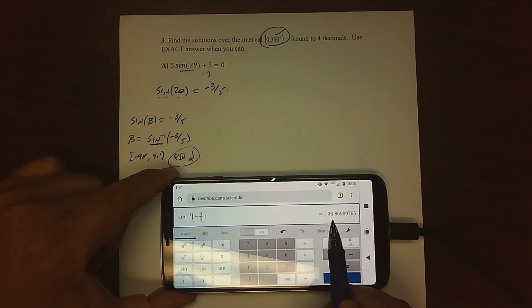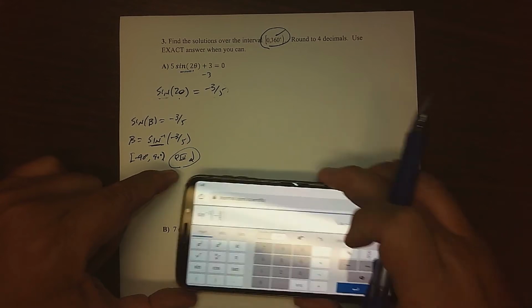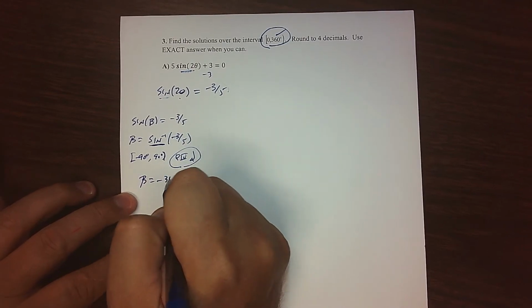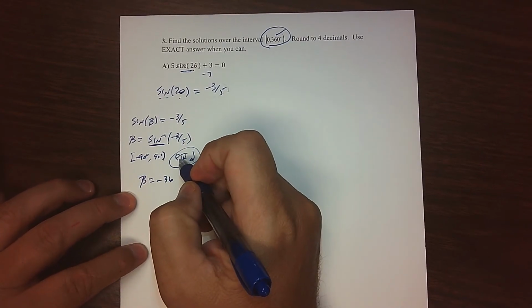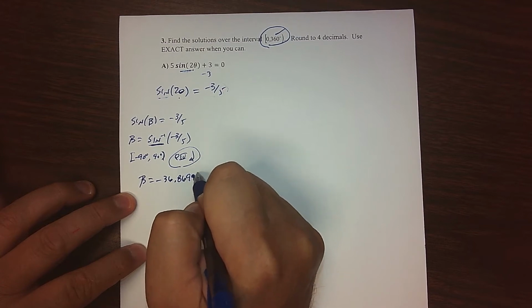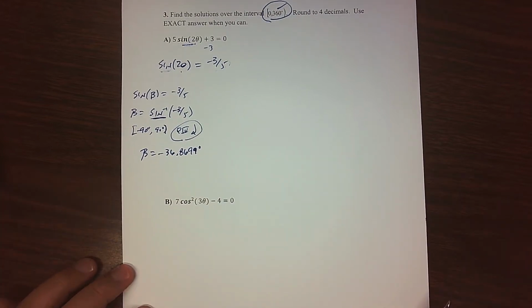So what I'm getting is a negative 36.86, it looks like, 99 if we round off to 4 decimals. So that's telling us that our beta is negative 36.8699 in degrees.